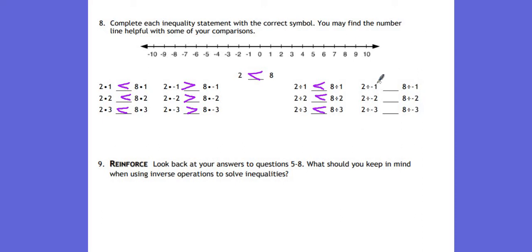Now looking at the negatives. 2 divided by negative 1 is negative 2. 8 divided by negative 1 is negative 8. That's going to be a greater than. What about this next one? Greater than. Greater than. So from a positive to a negative, they ended up flipping as well for division, correct?